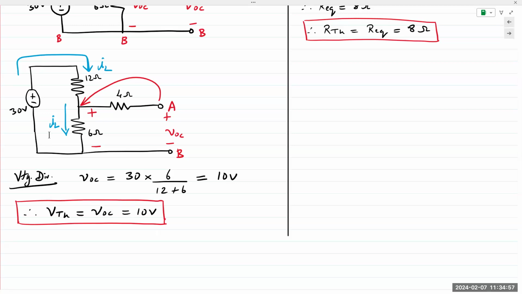If it has a dependent source in there, we cannot reduce it to 0. We cannot find RTH. So we have to find IN, apply Ohm's law to find RTH. And even more importantly, you need to be able to verify your answer at the end by applying Ohm's law, all three.